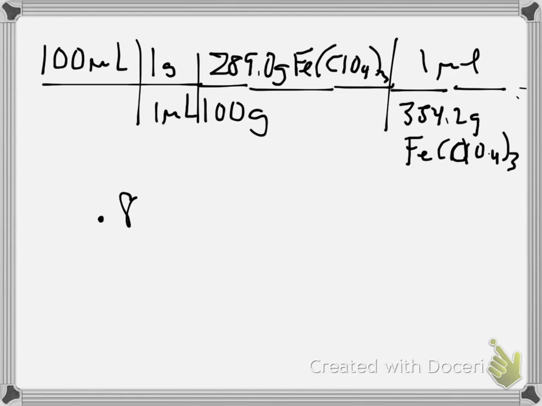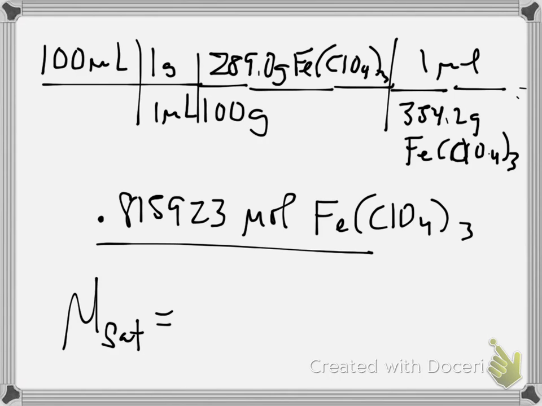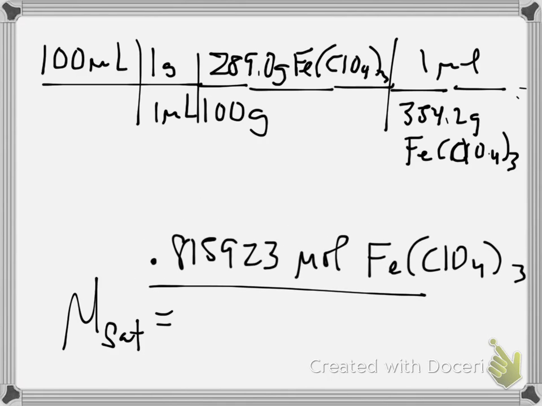So we can say that in 100 milliliters of solution, or in 100 milliliters of water, we're going to have 0.815923 moles of iron 3 perchlorate. So now we can look at what is the molarity of that solution. So the molarity of a saturated solution, well, we have this many moles. I'll just move that down. Why reinvent the wheel?